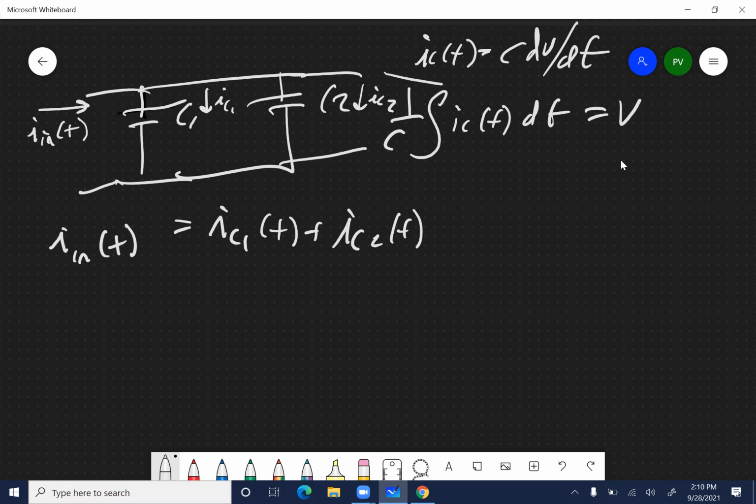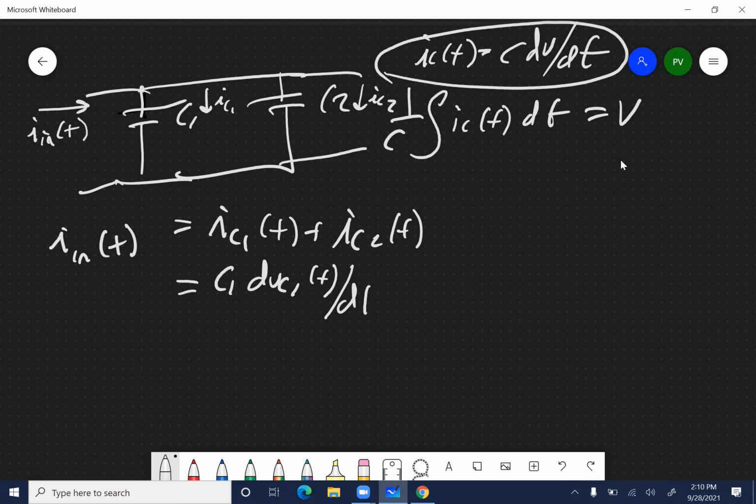But we've already said we have this equation over here. So let's substitute. This becomes C1 dVC1 of t dt plus C2 dVC2 of t dt. Now we just made our substitution based on those equations.